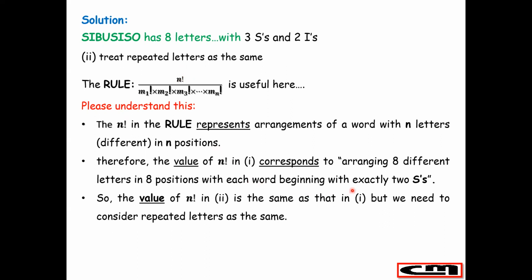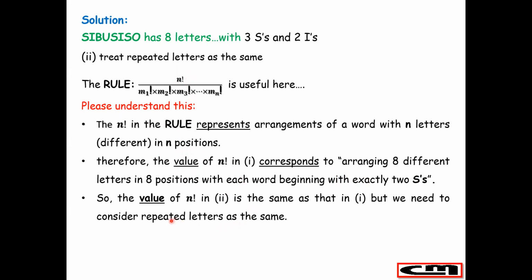No, we are simply going to make sure that we respond to the exactly 2 S's, which is what we did in 1. We were treating the letters of the word sibusiso that are repeating as different, right? And at the same time, responding to the fact that exactly 2 S's are supposed to be in each word. Therefore, the answer we got in 1 represents this n factorial, the numerator, right?